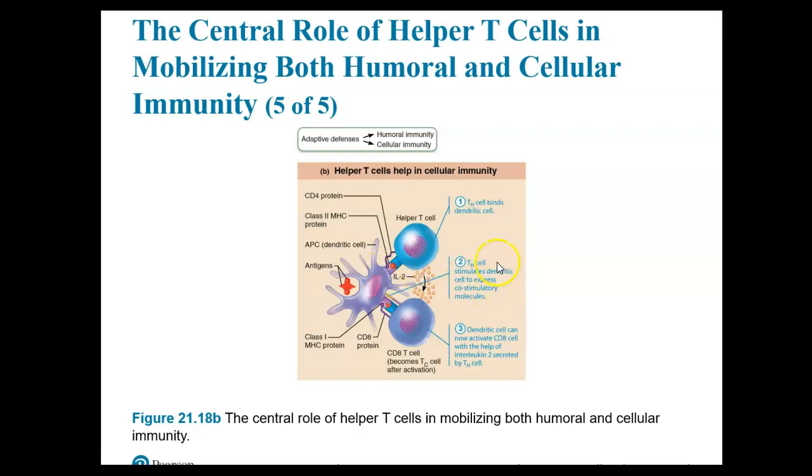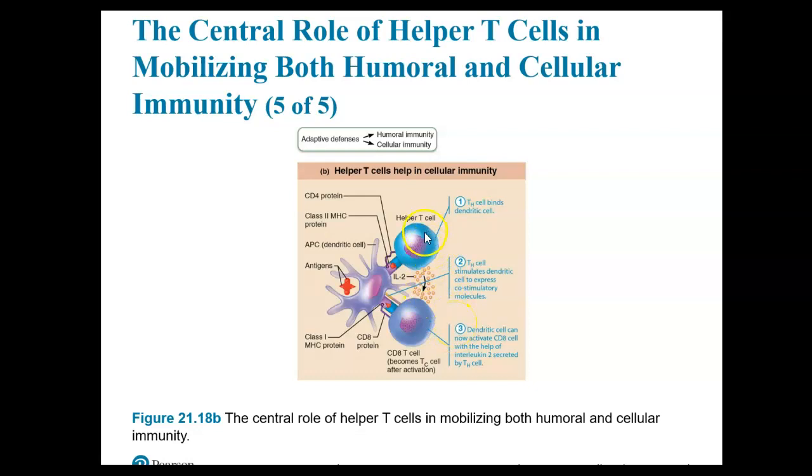So it says the helper T cell stimulates the dendritic cell to express the co-stimulatory molecules. And these molecules are called interleukin-2. The dendritic cell can now activate the CD8 T cell with the help of interleukin-2 secreted by the helper T cell.